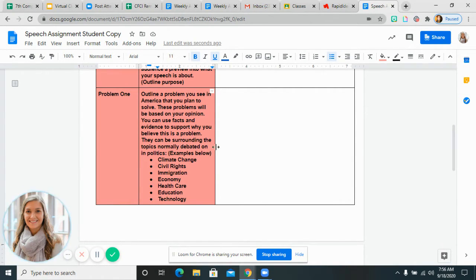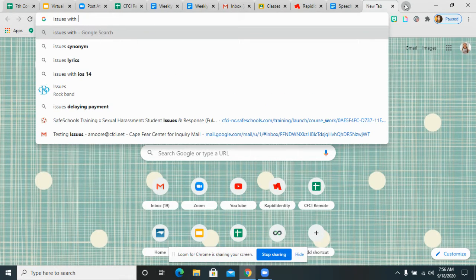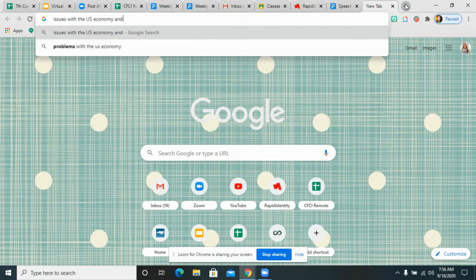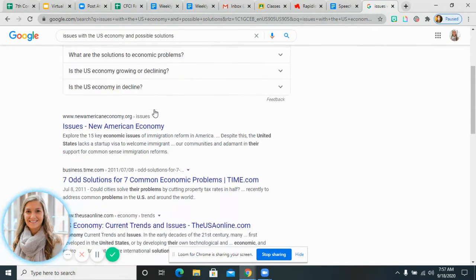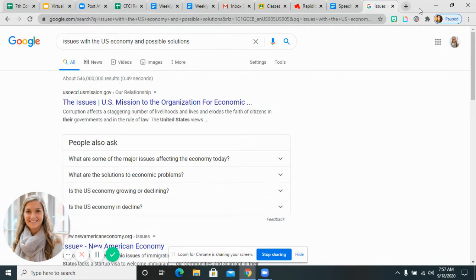If you're like, there's an issue with the economy right now, you can look up issues with the U.S. economy and possible solutions. And start with websites that are .gov or .edu and just explore what's out there.